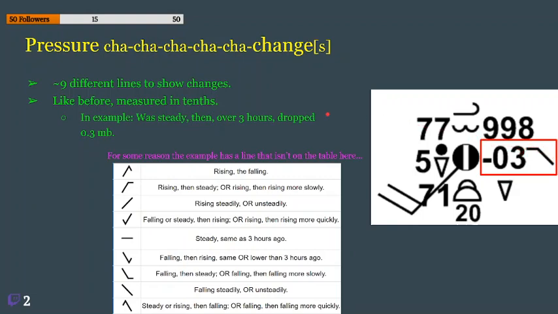Like with your 999.8, this is also measured in tenths. So for example, if it was steady, then over the 3 hours has dropped 0.3 millibars, then 3 hours ago this would have been 1010.1.